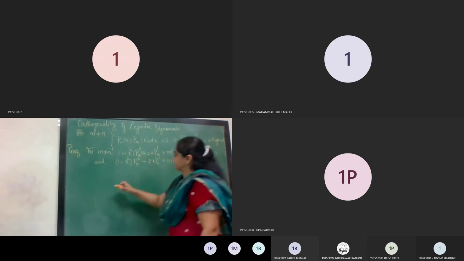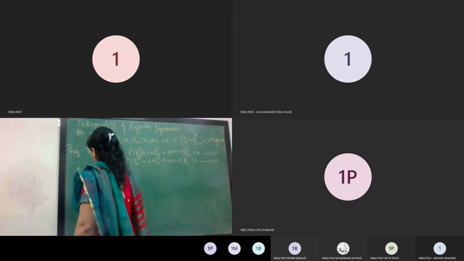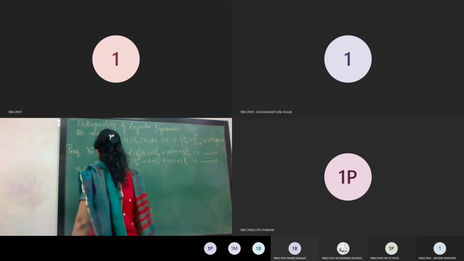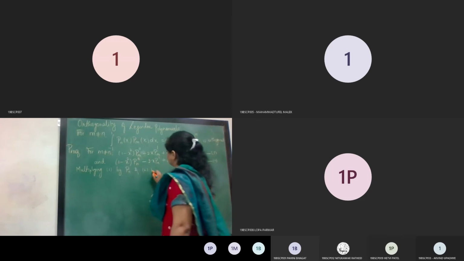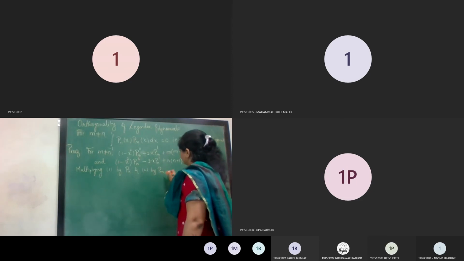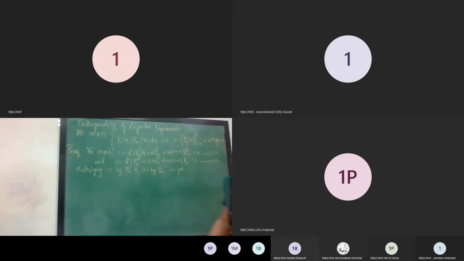So let us multiply equation 1 by Pn and equation 2 by Pm, we get.